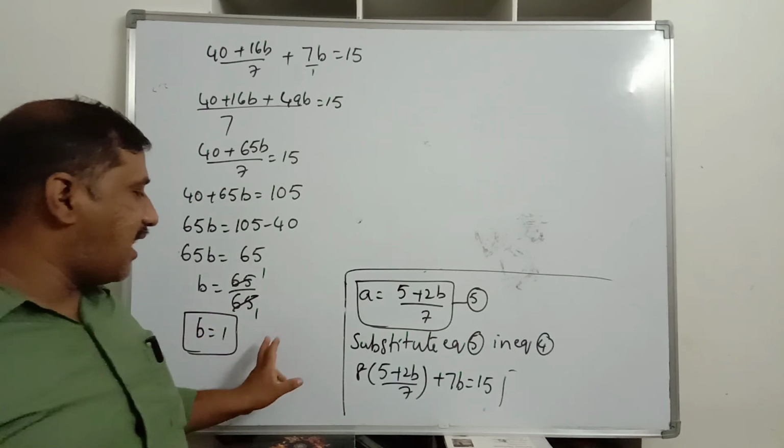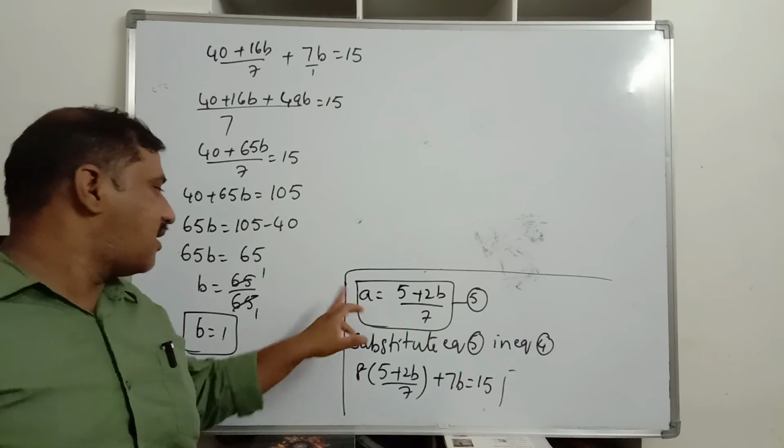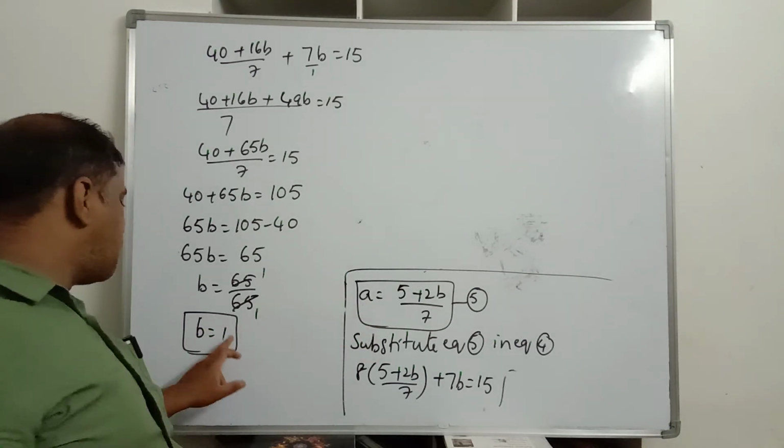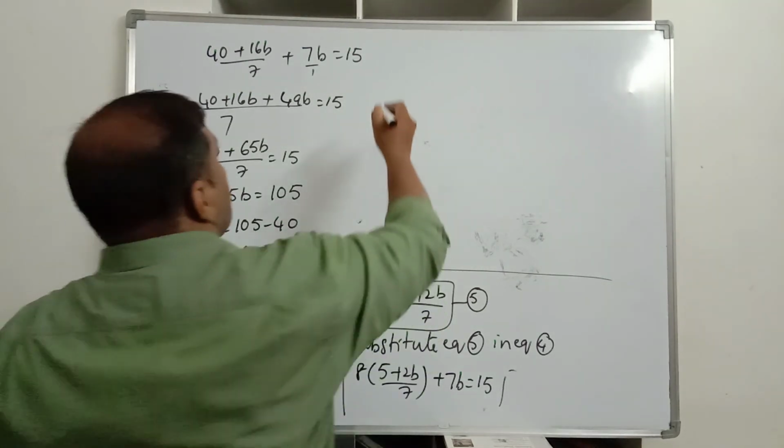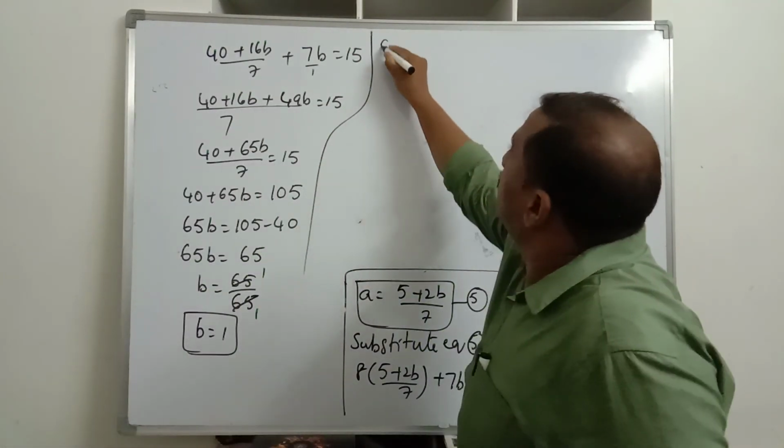Next we have to find a. To find a, substitute b is equal to 1 in equation number 5.